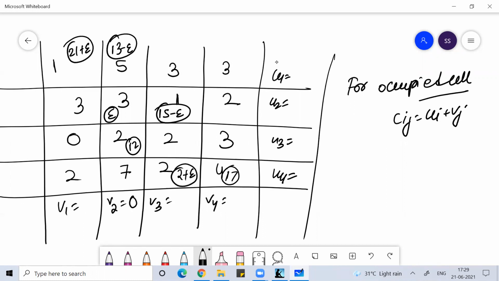So this would be 0. So Cij here, cost is 5. Here cost is 3. Here the cost is 2.